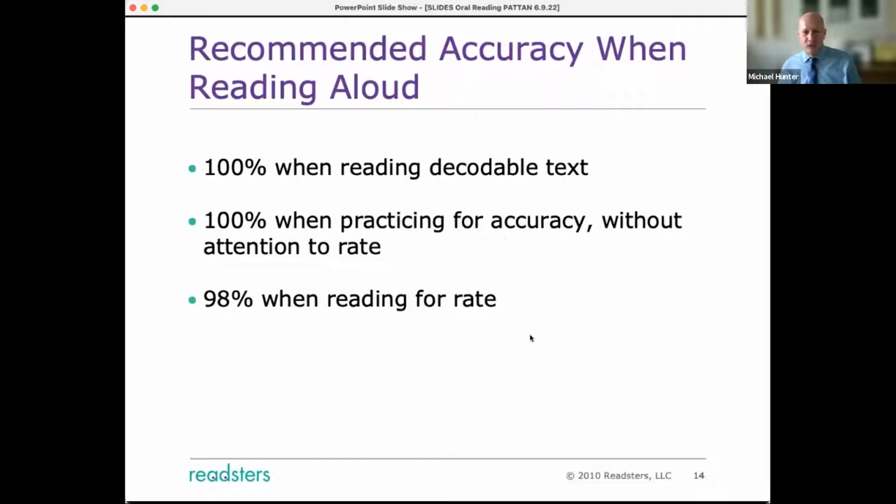Now, when we shift to listening to students reading for rate and we're worrying about improving their rate, we still want at least 98% accuracy. We do allow them to make an occasional error because they're working on reading for rate. They're trying to read a little bit faster.